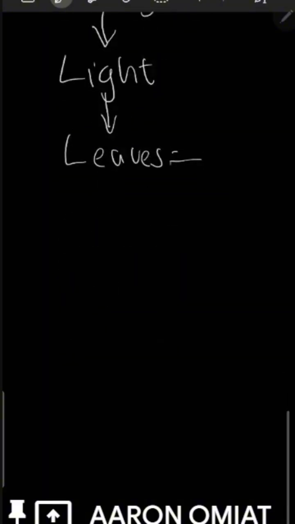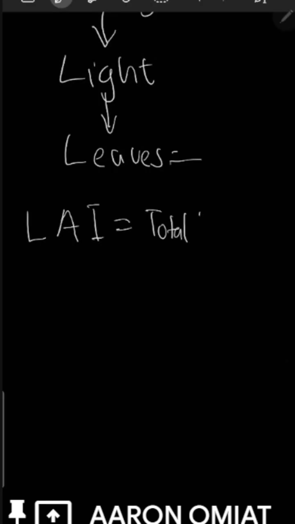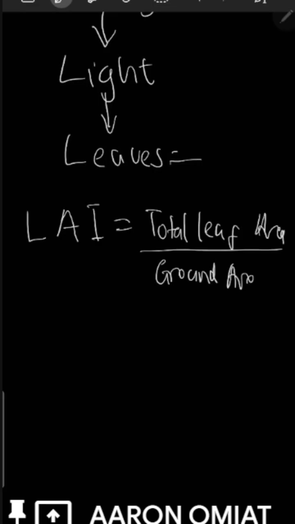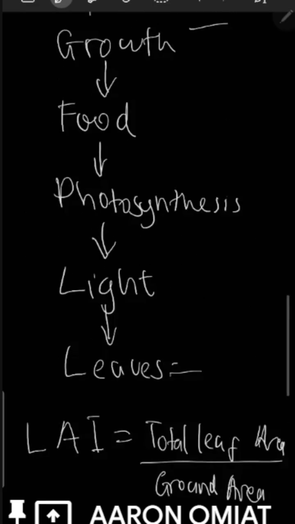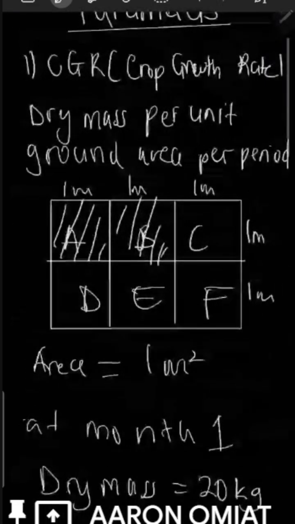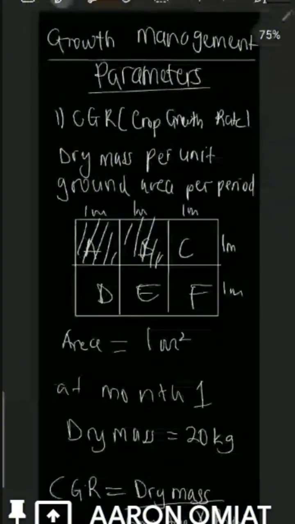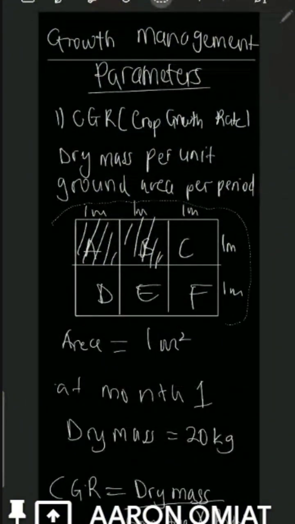So what we do to find the LAI, leaf area index, we get the total leaf area in a given area of ground divided by ground area.